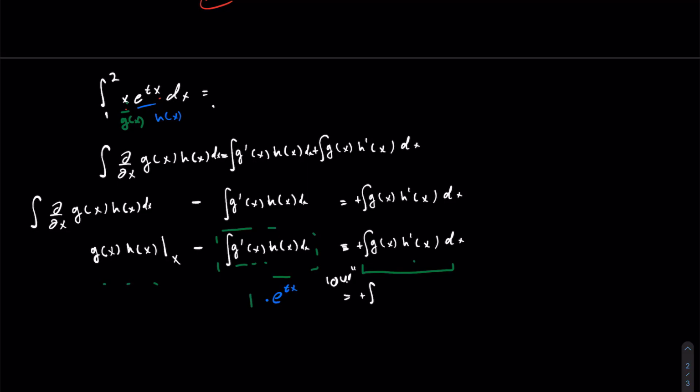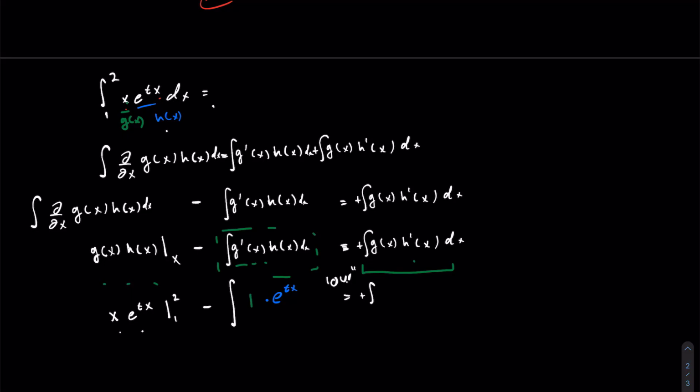We integrate like that, minus, and in our case we are evaluating from 1 to 2 of x e to the tx, okay? Because we're just basically plugging in g of x as x, h of x as e to the tx.